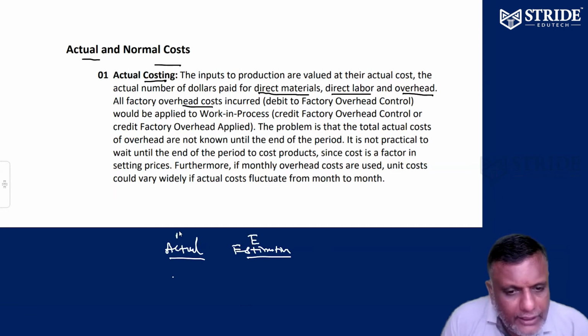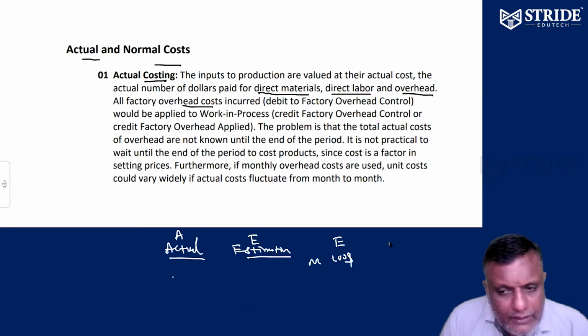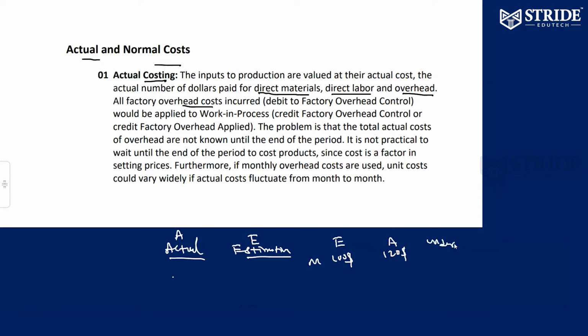Estimation E, actual A. Suppose the estimated material cost is $100, but the actual material cost is $120. If the estimated material cost is less than the actual, it is called under absorption.